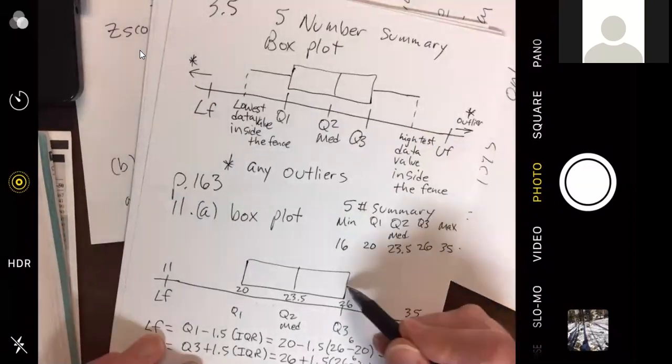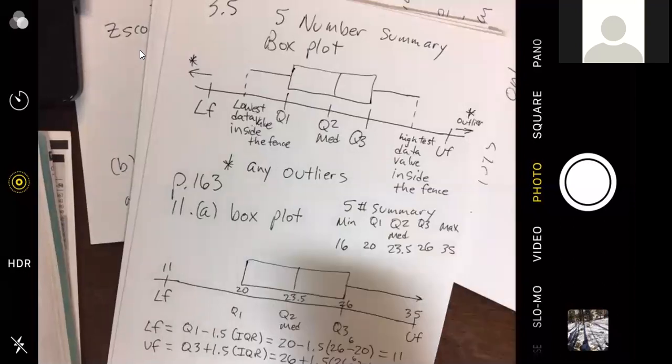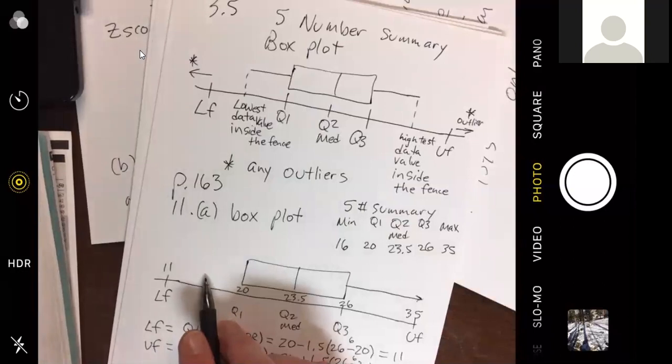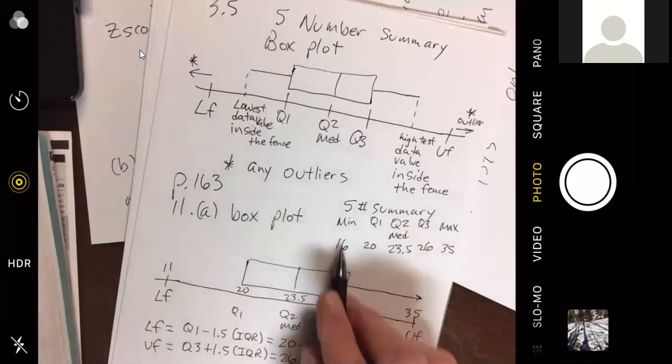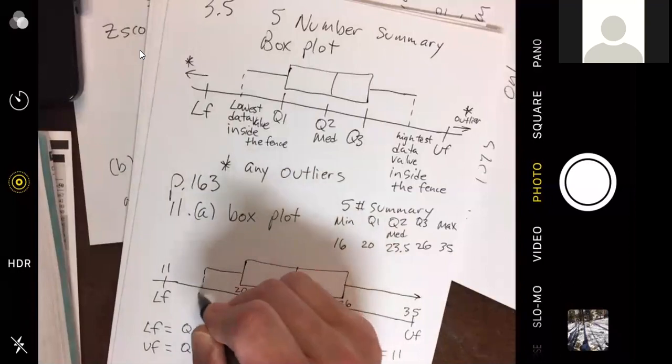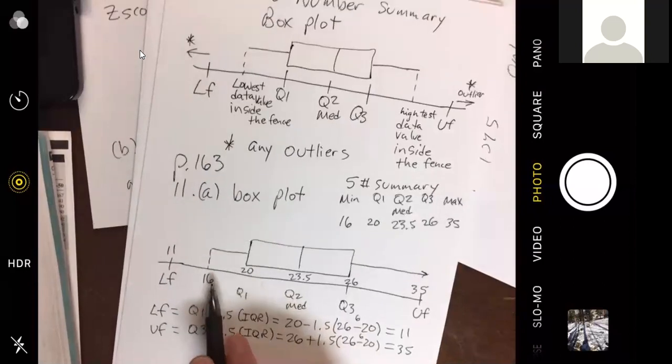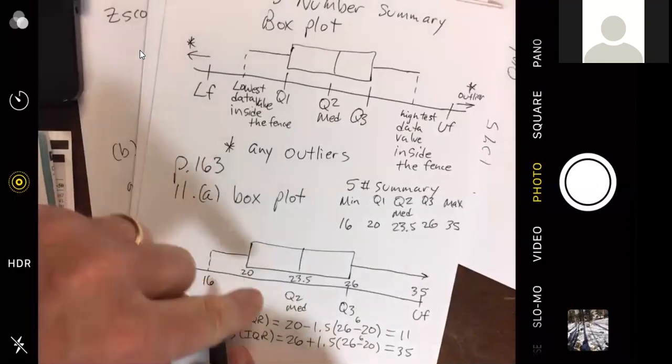So this whisker is going to run right out to the fence. But this one isn't. The minimum is 16. So this one is going to run to 16. That's the lowest data value inside the fence.